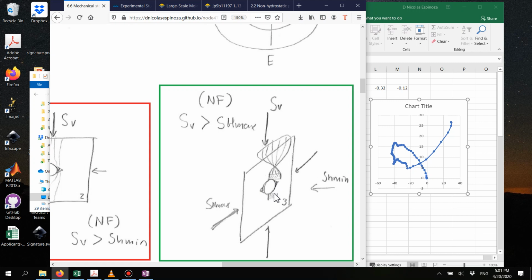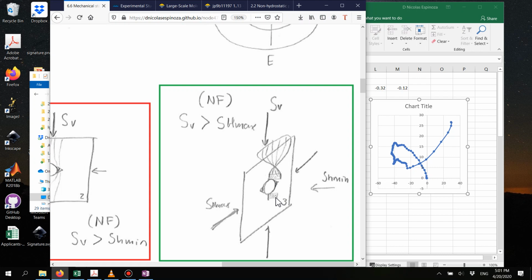Okay, now notice something. For this particular case, we might have these tensile fractures which near the wellbore are oriented in a direction such that these tensile fractures are perpendicular to the local least principal stress.